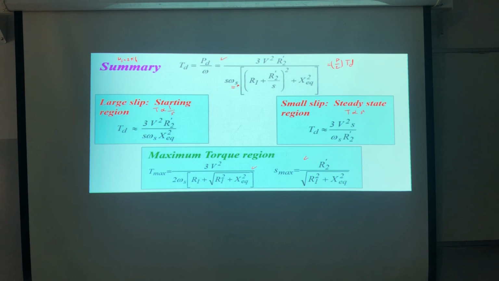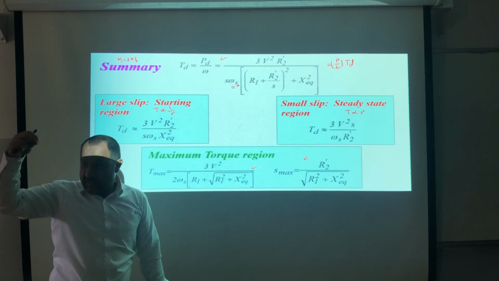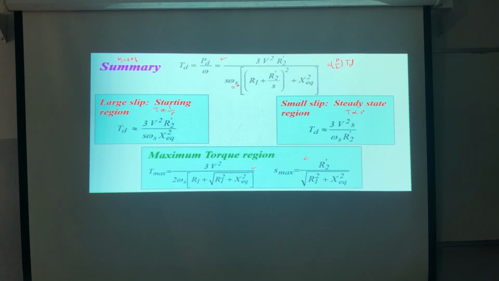So in this case, you need to know how to define or calculate the developed torque. It will be the same. Calculate the I, square it, then multiply it by 1 minus S over S R dash, and I will get the developed power, over the speed, which gives the developed torque.